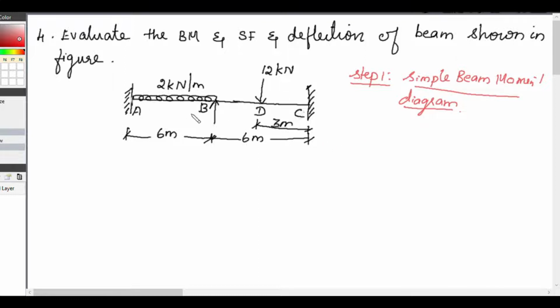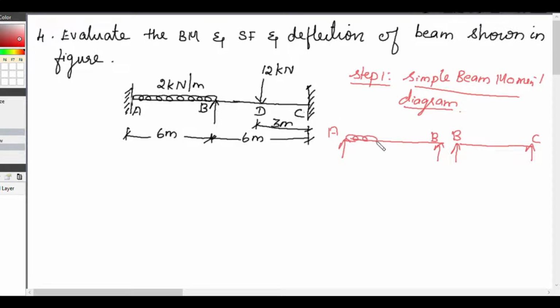So here we have two spans AB and BC. We will assume both the spans AB and BC are simple supports. So AB is a simply supported beam, and BC is another simply supported beam.